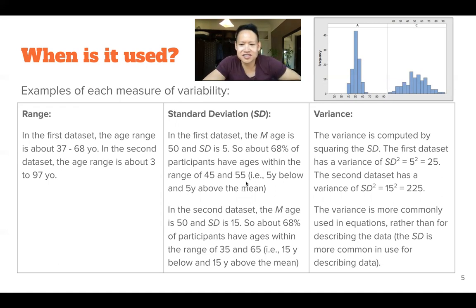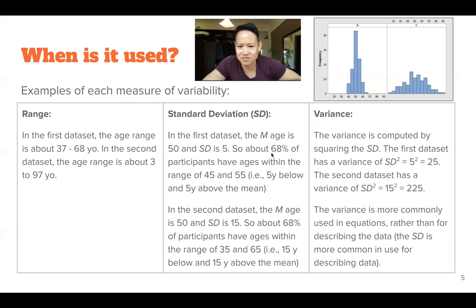The standard deviation is given here. Usually you compute it, but I just figured it out by eyeballing it, though usually you do want to compute it precisely. For the first one, the way I eyeball it is by looking at where 68% of the scores fall.